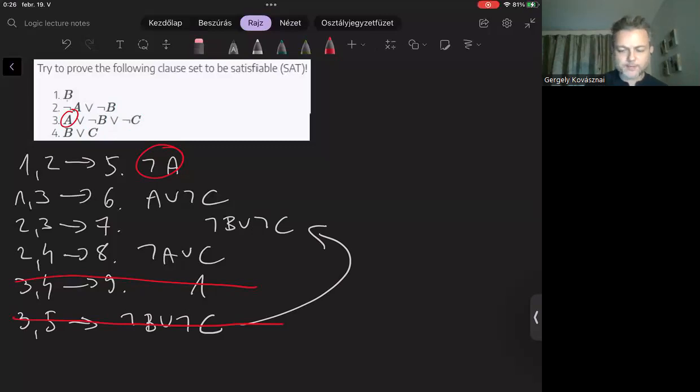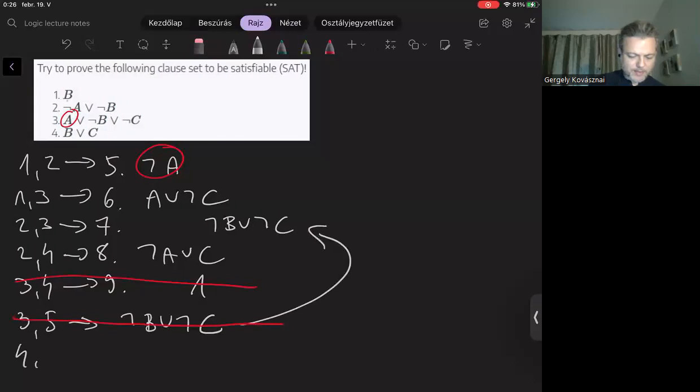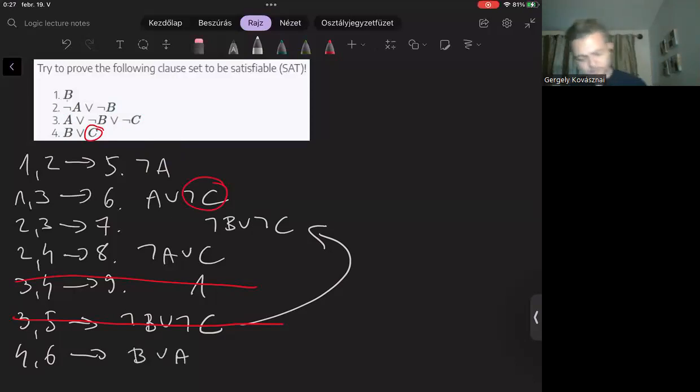Okay, what's left? So the possible resolution step is to resolve clauses number 4 and 6. Exactly. So now we can resolve out C and not C, and the resolvent is going to be B or A, which is a completely new clause, so we can keep it.